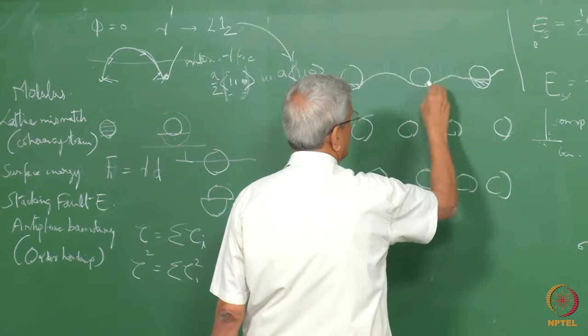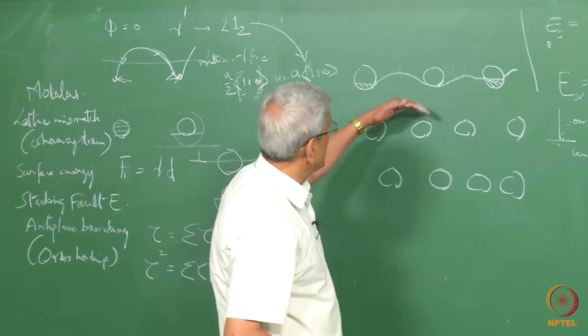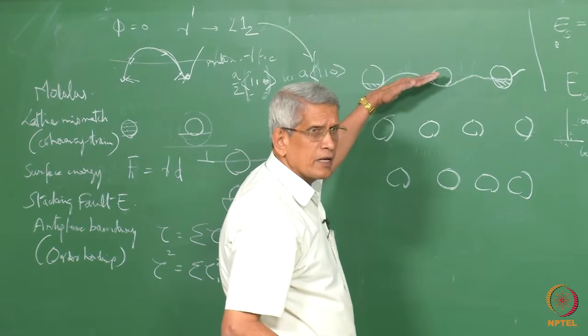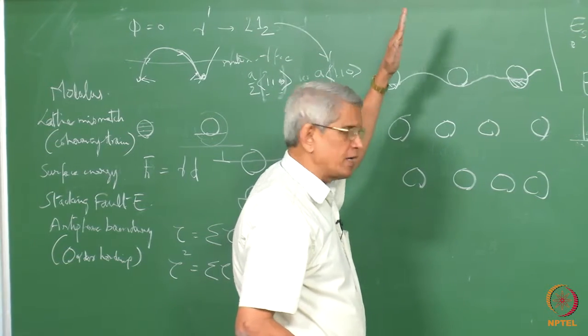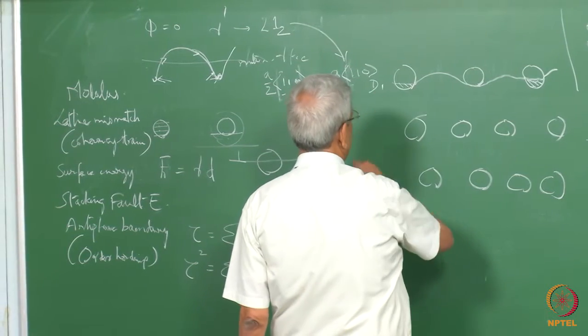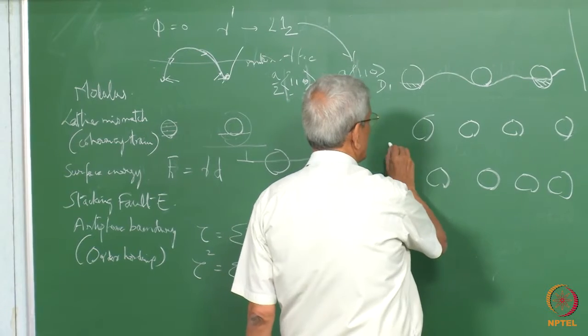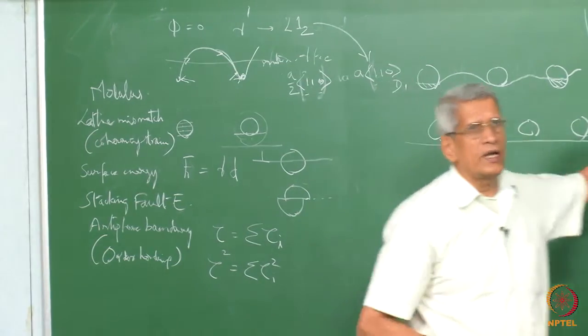Here also it has entered, and here it is about to enter. The first dislocation generates APBs, the antiphase boundary. Suppose we call this D1. The next dislocation which follows is nearly straight, because it is seeing only an ordered lattice.